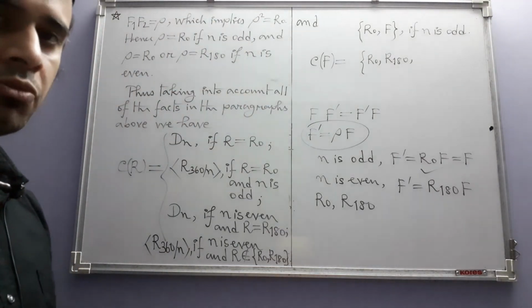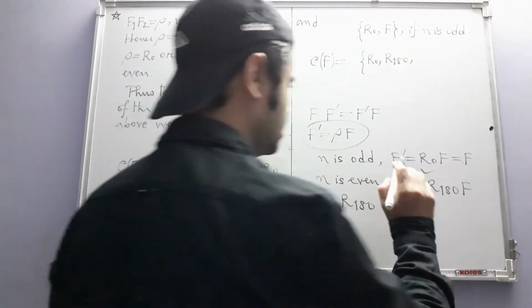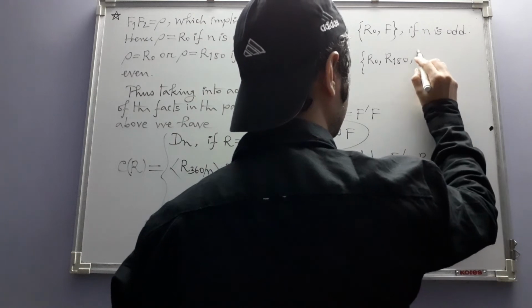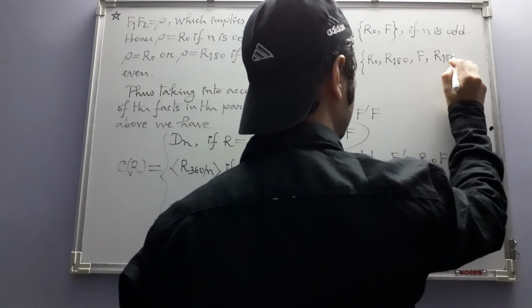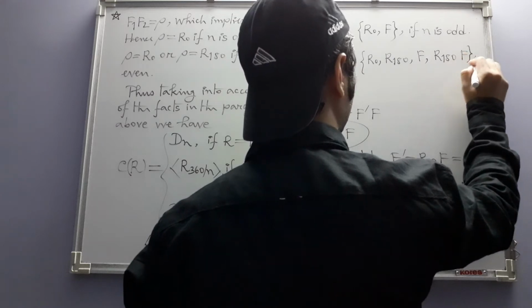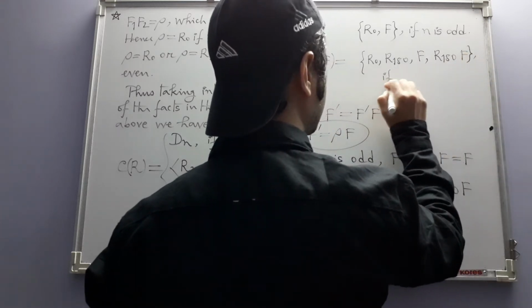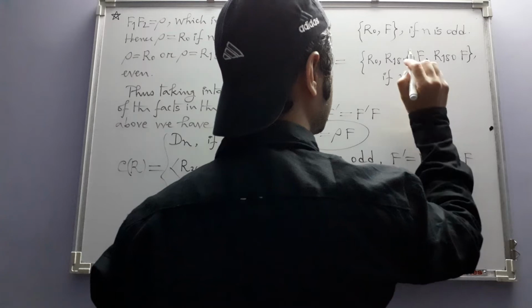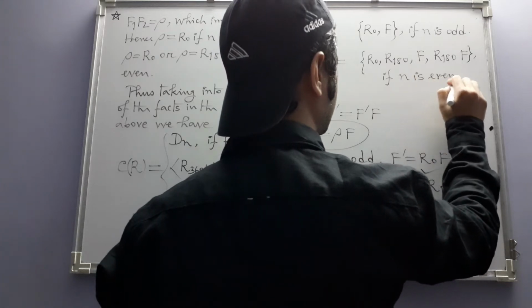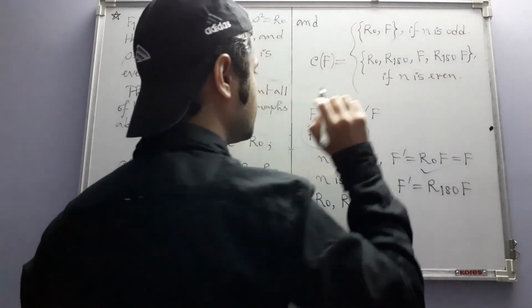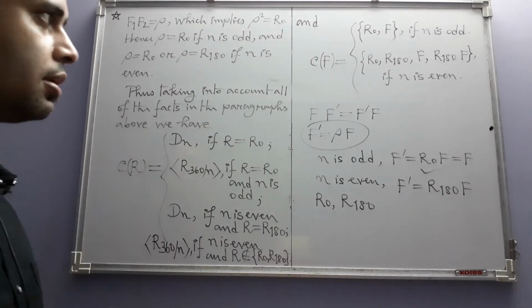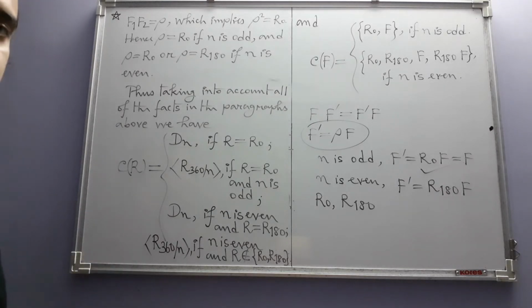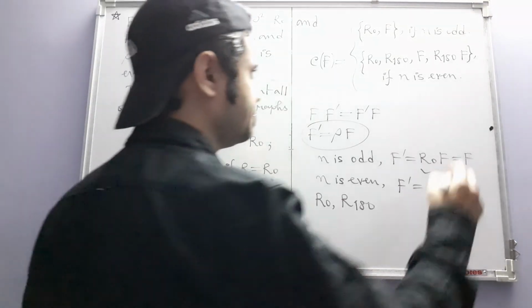That is a new reflection. So here we have two reflections. One of course is F itself, and the other is R180 F if n is even. So these are the possibilities for the centralizer of F. That's it. That is the solution.